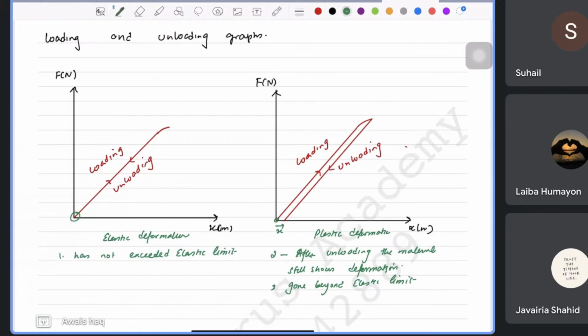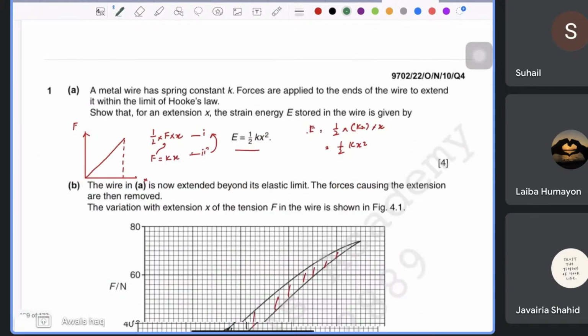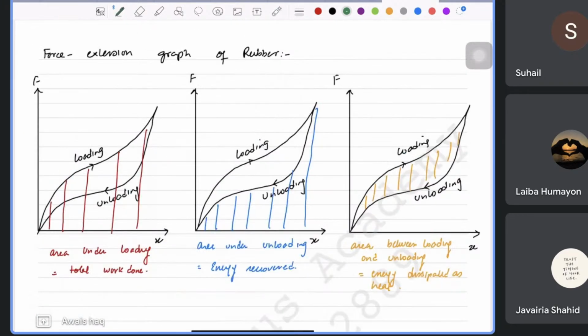This graph also tells us how we can differentiate between the limit of proportionality and the elastic limit. Most people think they're the same, but that's not true. The elastic limit is the point after which permanent deformation happens. Even in the rubber graph, it never follows Hooke's law, so there's no limit of proportionality, but it never crosses the elastic limit either, so it comes back to the original shape. Do you understand?